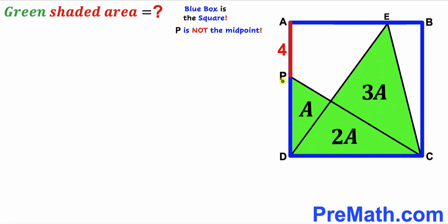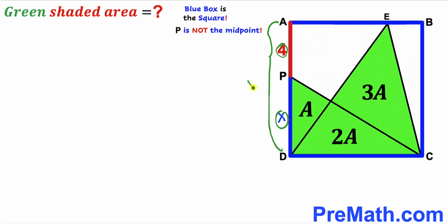Here's our next step. I'm going to label the segment PD as X. Since P is not the midpoint, X cannot be equal to 4. Therefore the side length of this blue square is going to be X plus 4.